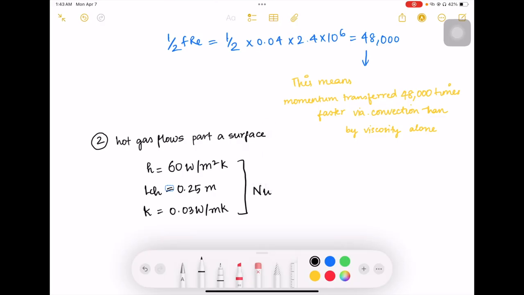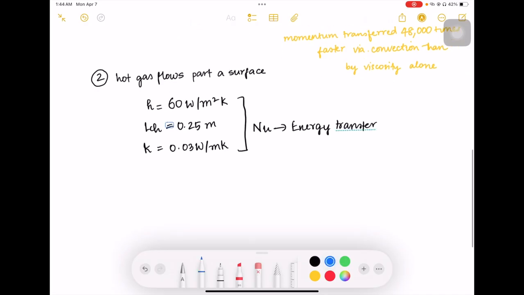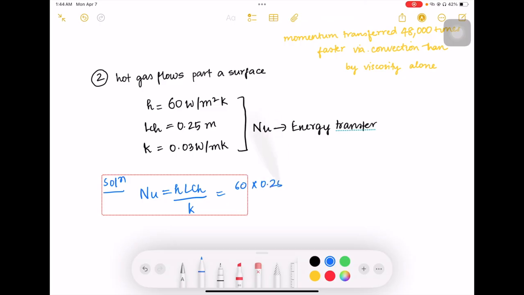Nusselt number is generally calculated for these energy transfer systems, right? So let's calculate the Nusselt number. What is the formula of Nusselt number? The Nusselt number formula is H LCH by K. That equals 60 into 0.25 divided by 0.03, which equals 500. Right?